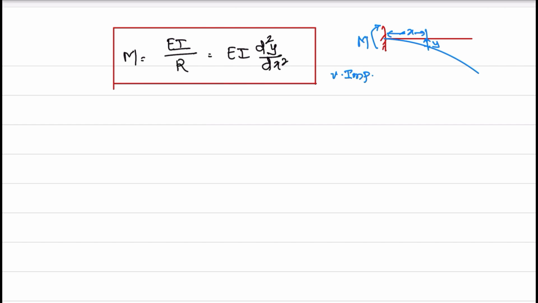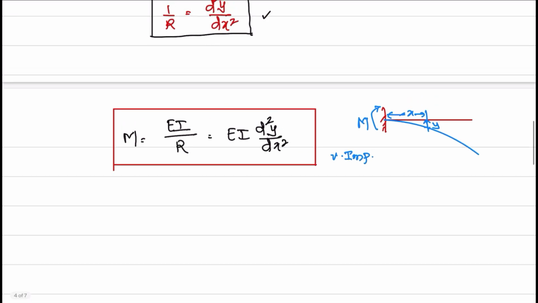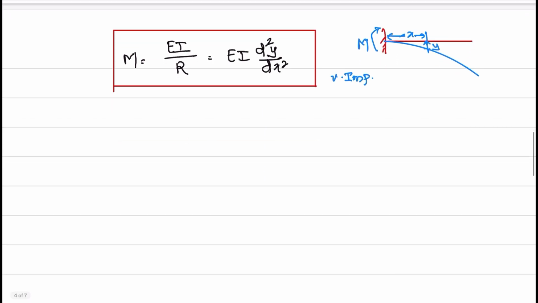Next, what is M by R then? We have found out M. What is M by R? M by R is equal to, this is also very important, M into 1 by R. What is 1 by R?